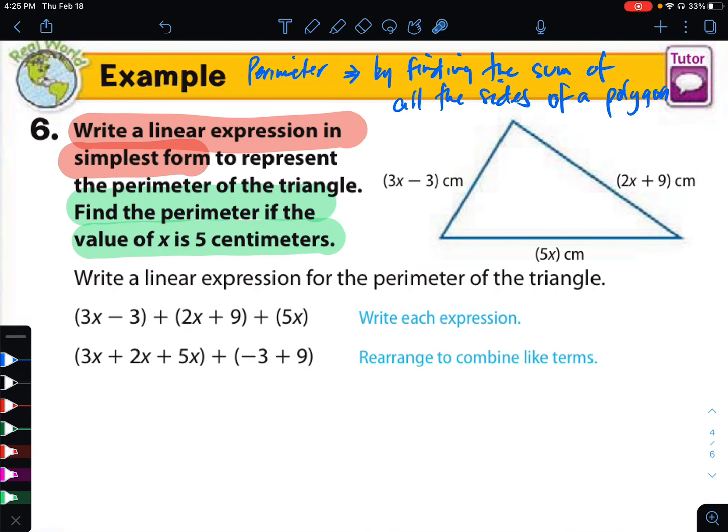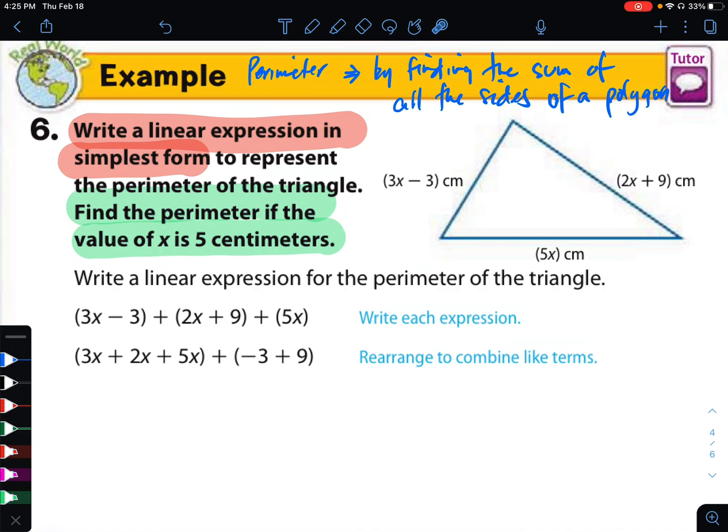I put all like terms together, the terms with the variable x and the constants, because they are like terms.